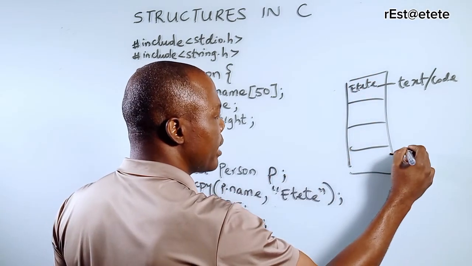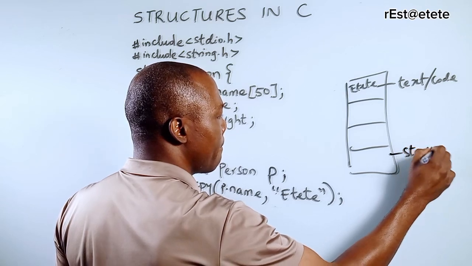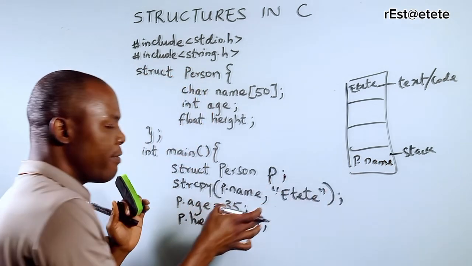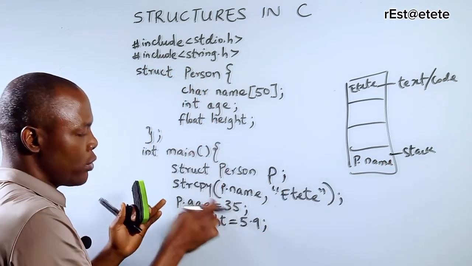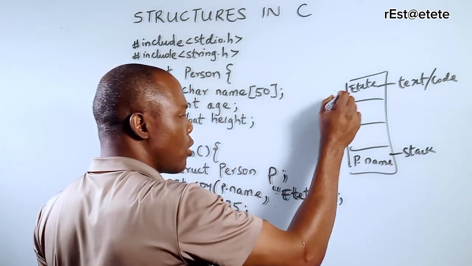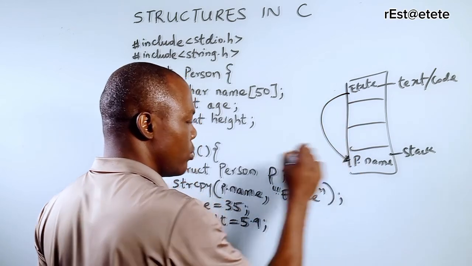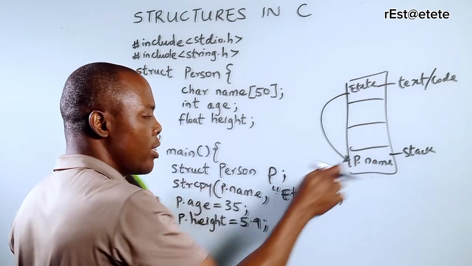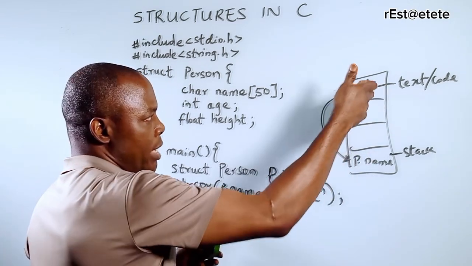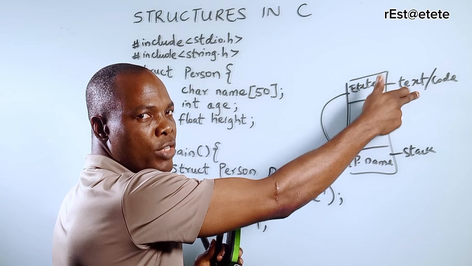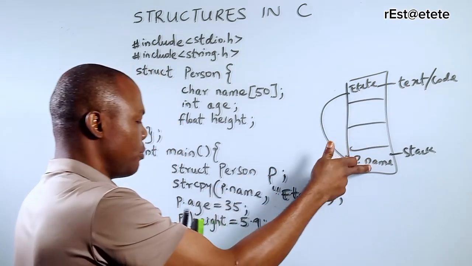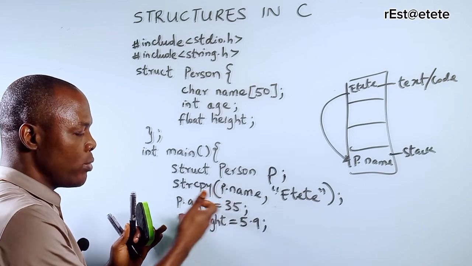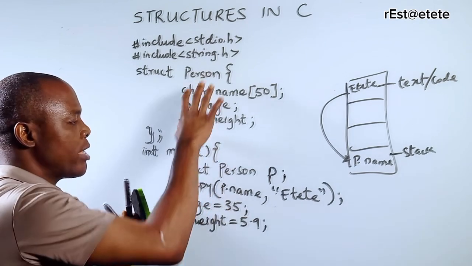Here. This is stack. So P dot name is a local variable that is inside this function. So it will be here. Then you have to copy it to this place. That's why you're using string copy, to copy it from here to here. So you now have two copies of etete, one in this text, which is read only, and then one in this P name. Then you use the assignment operator to assign a value to P age. So that is how you've done that.